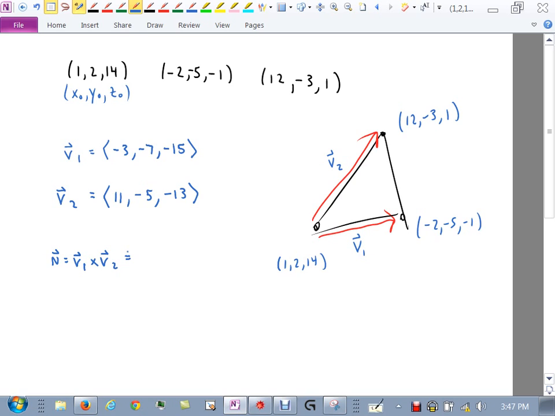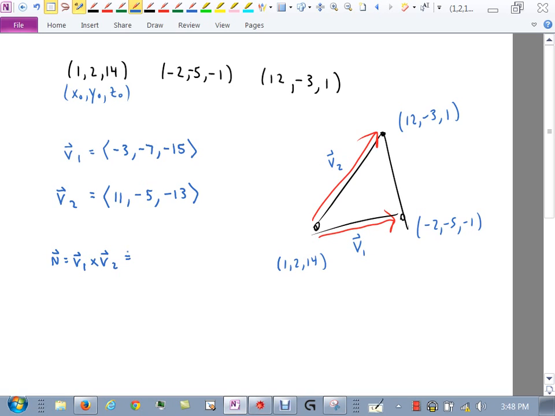Who has a TI-89 or something like that? You know how to do cross product on there? Yeah. All right, hit that middle light real quick. Okay, so catalog. See, hold on. Math menu. Meanwhile, someone else is doing this by hand. If you go to math menu, where is it? Matrix, no. Matrix.